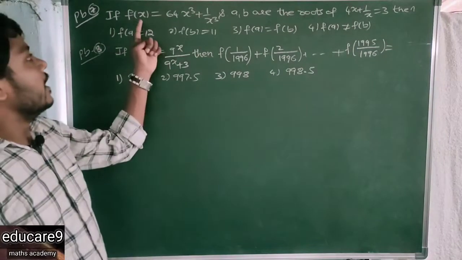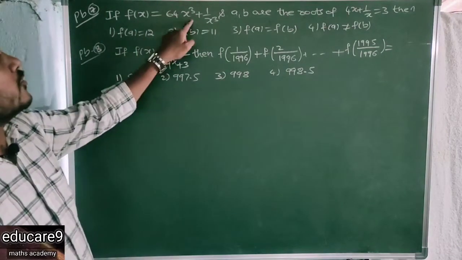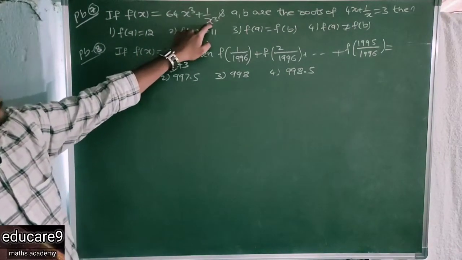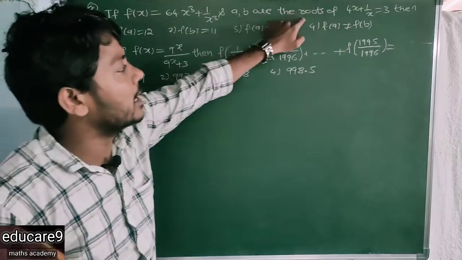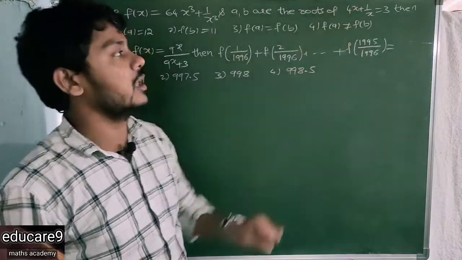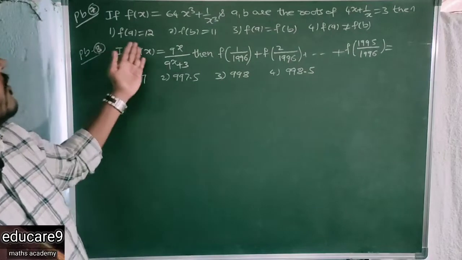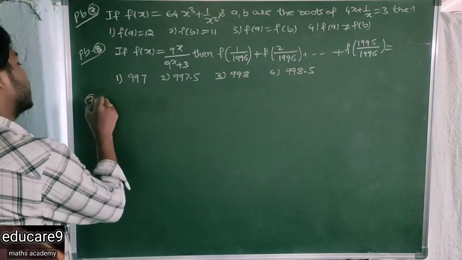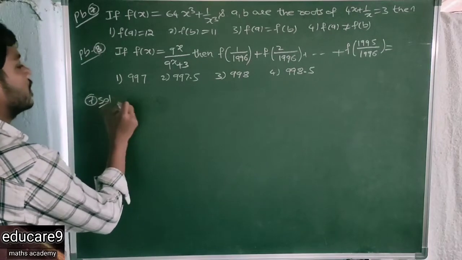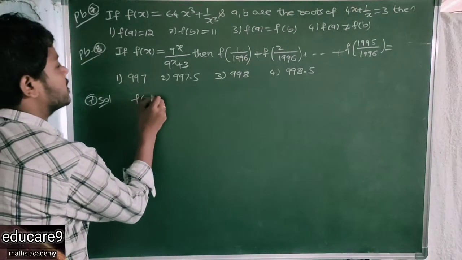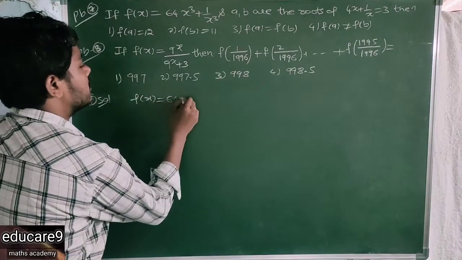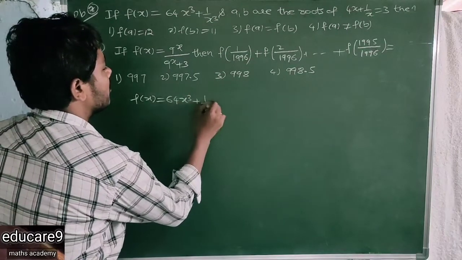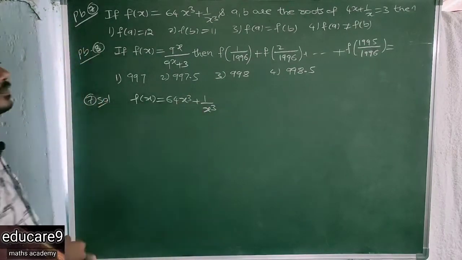Given f of x is 64x cube plus 1 by x cube, and a comma b are the roots of this equation, then which condition is satisfied? So see the seventh solution. f of x is equal to 64x cube plus 1 by x cube.